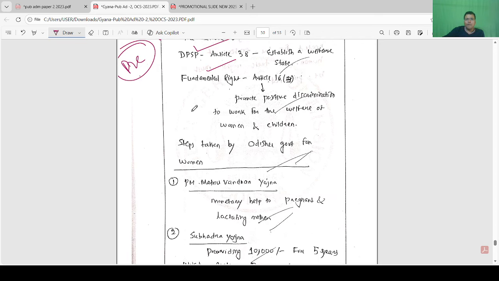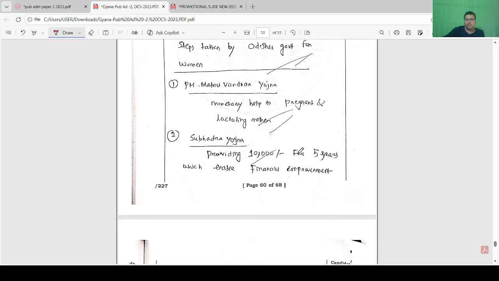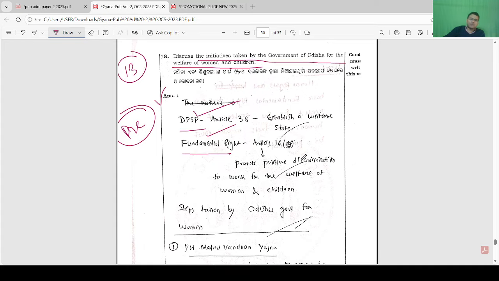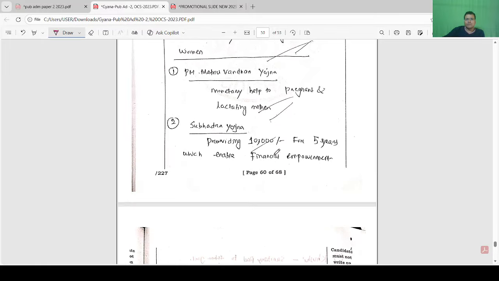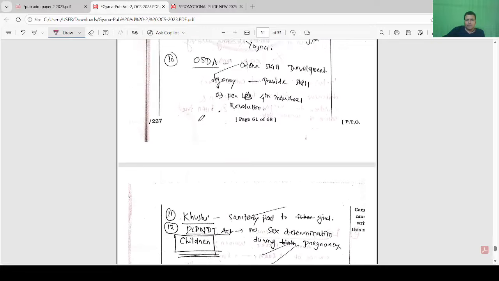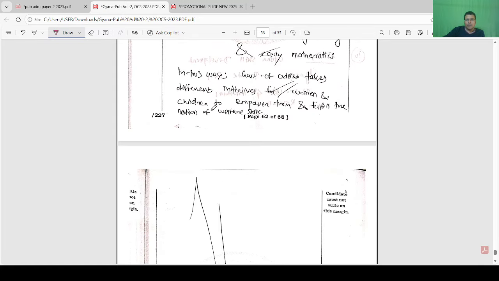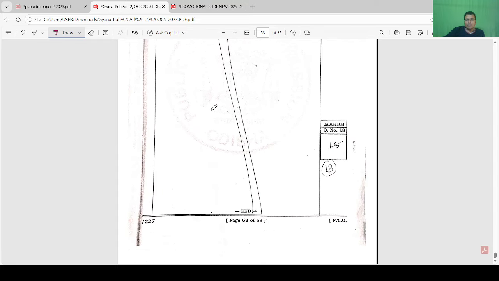Women and children: preamble, fundamental right, DPSP, step taken by Odisha government. PM scheme, all are written. Schemes for children, in this way government of Odisha.